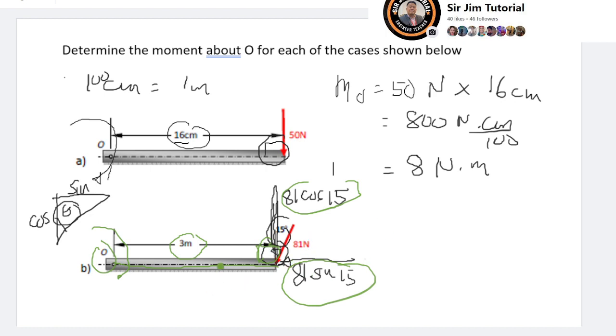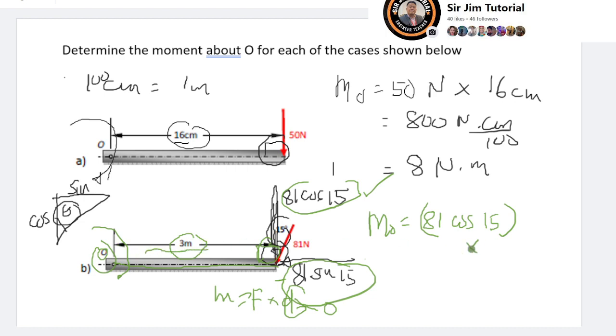By the formula, force times distance for this particular force is equal to 0. In other words, all the forces going to the point of rotation produce 0 moment. So our moment here is only for this component: 81 cosine of 15 multiplied by this 3 meters. Your unit should be Newton meter. You just calculate, and then you can get this value.